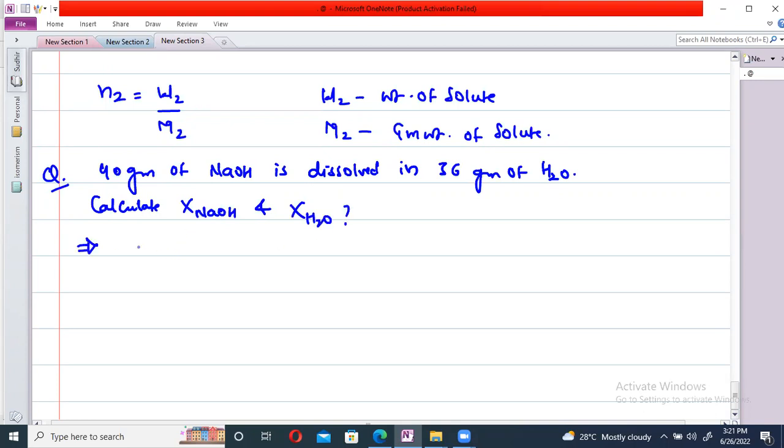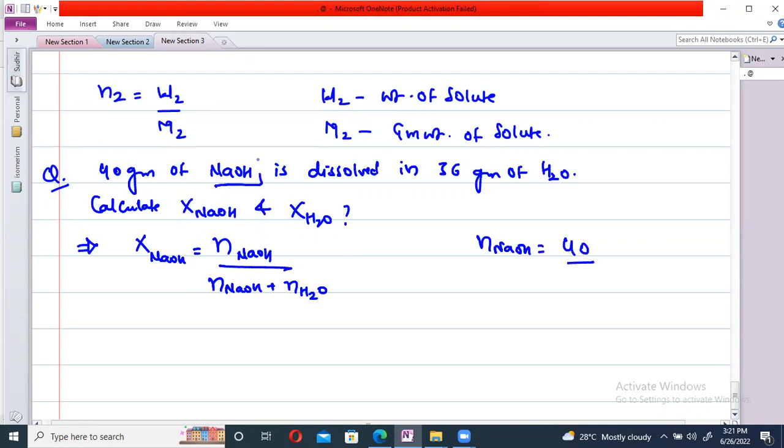They are directly asking for the mole fraction of NaOH: number of moles of NaOH by the total number of moles of all components, that is NaOH plus water. First get the number of moles of NaOH. Weight is 40. Do you know the gram molecular weight of NaOH? It is 40 gram per mole. So the number of moles of NaOH is 1 mole.